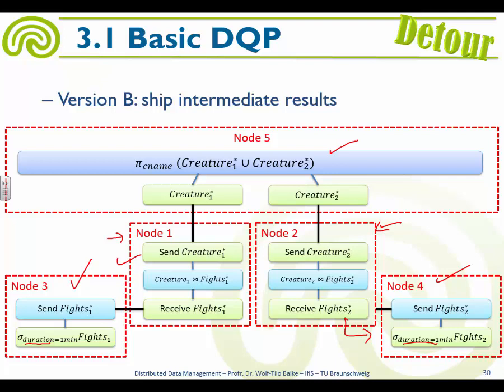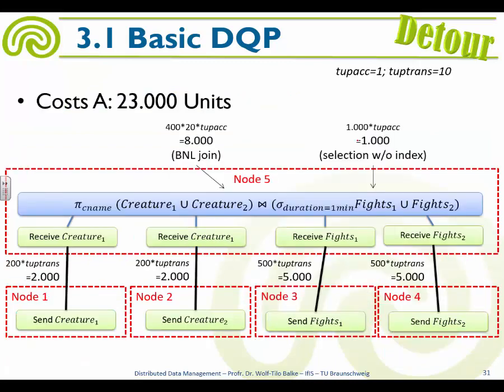You might imagine that if we compute the costs, for the first case we have 23,000 units of cost. Why is that? Remember that we have 1 unit of cost for an access on the local machine, and 10 for a transfer. So in the first case, we're actually sending everything.